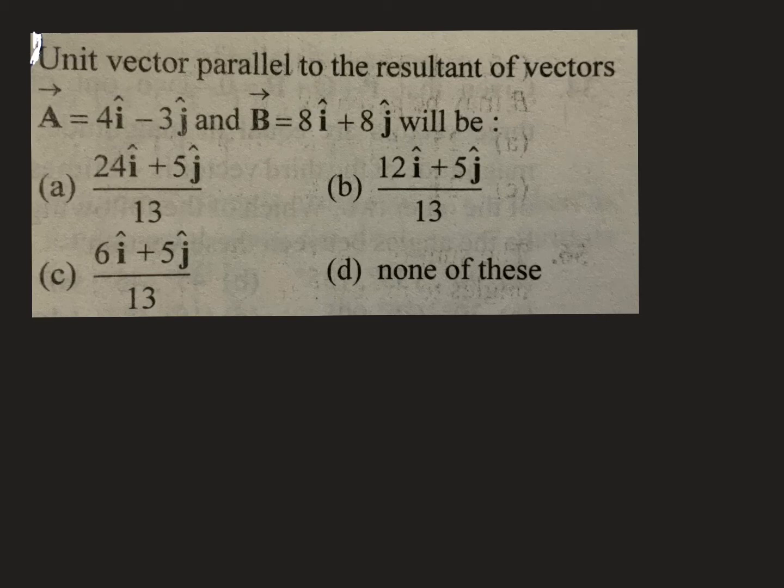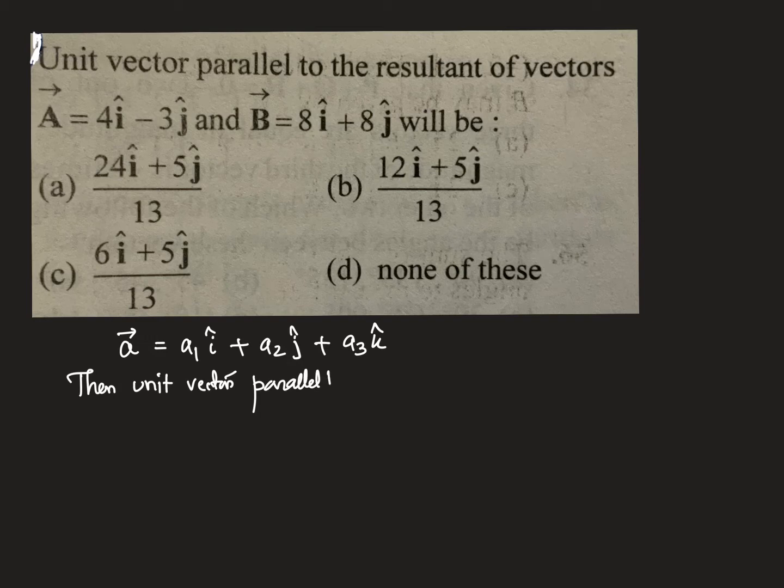If you have any vector A as a1 i cap plus a2 j cap plus a3 k cap, then the unit vector in its direction, the unit vector parallel to A, is A cap, defined as vector A divided by the magnitude of A, or you can write with the mod sign, vector A by mod of A, which means the same thing.